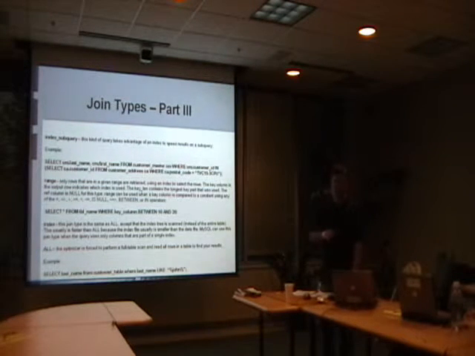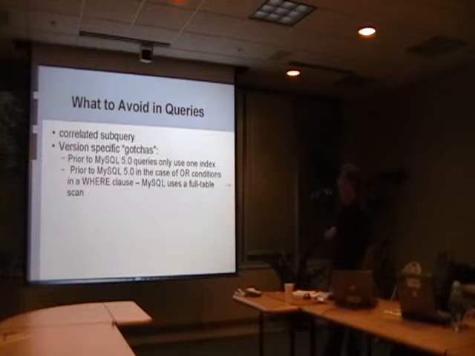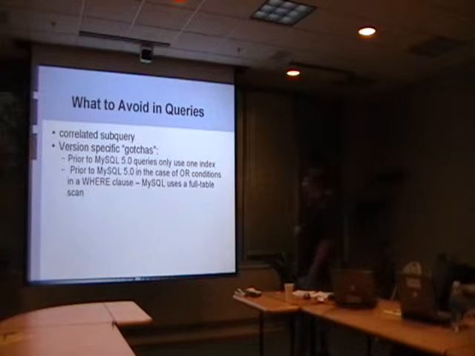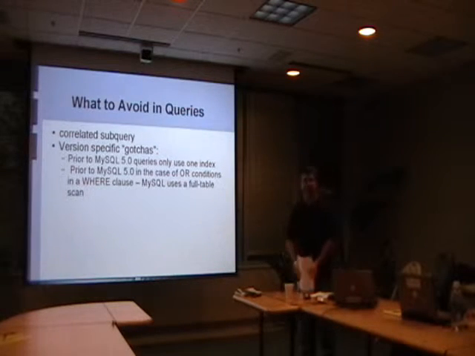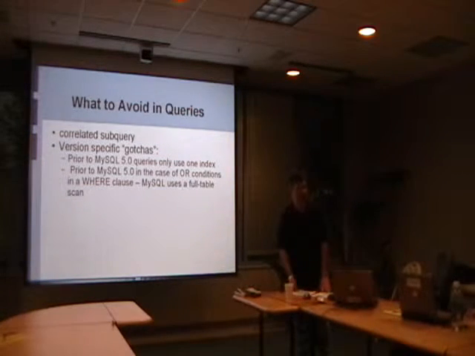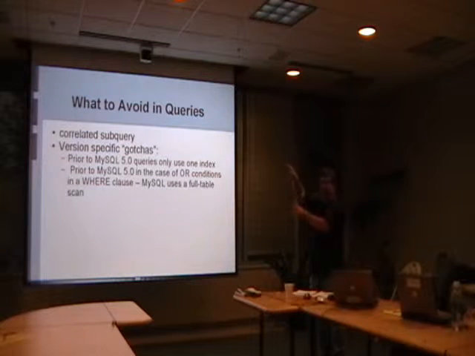Now that we've gotten through all that, we're going to take a look at some of the things that we need to avoid in queries. Okay. One, a correlated subquery. Now, that's a mouthful. Another word for that is a dependent subquery. Now, that may ring some bells for you. If it's a dependent subquery, the subquery part is going to depend on the outside part. Okay?